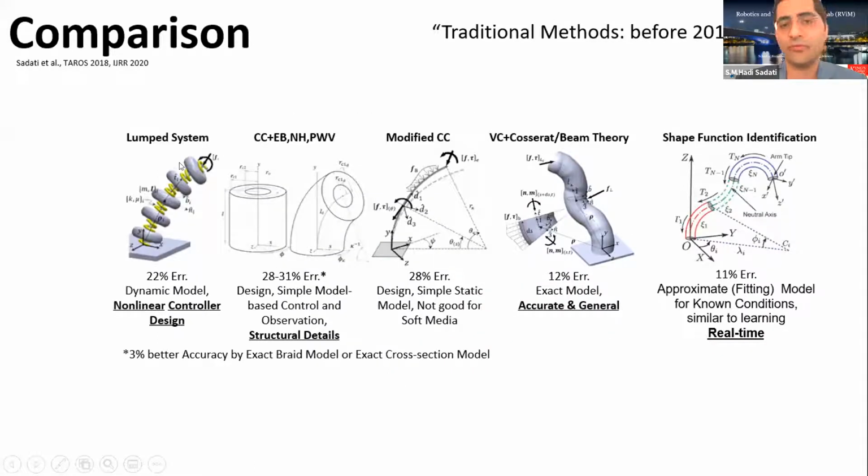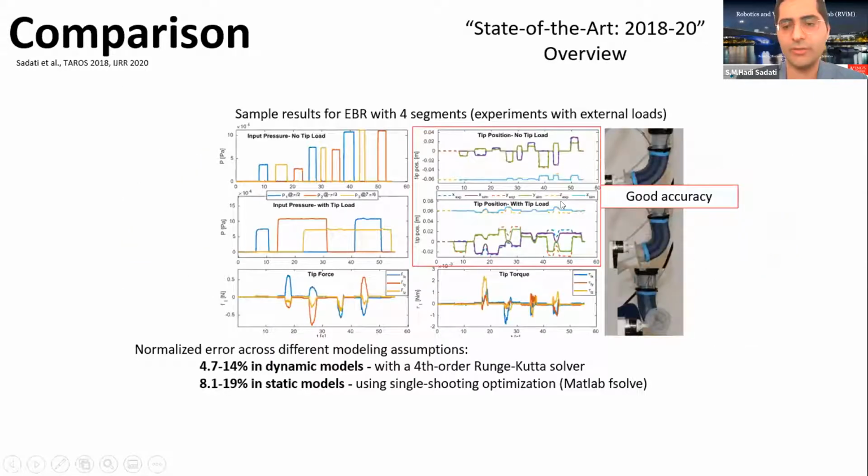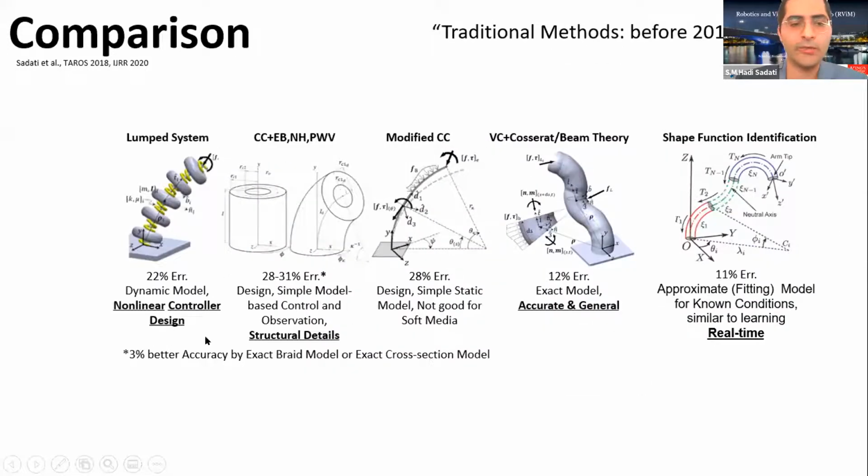So first, comparing lumped system approach, constant curvature, modified constant curvature, Cosserat beam, and shape function methods. You see that lumped system, basically rigid link kinematics, is good for nonlinear controller design, but not accurate.